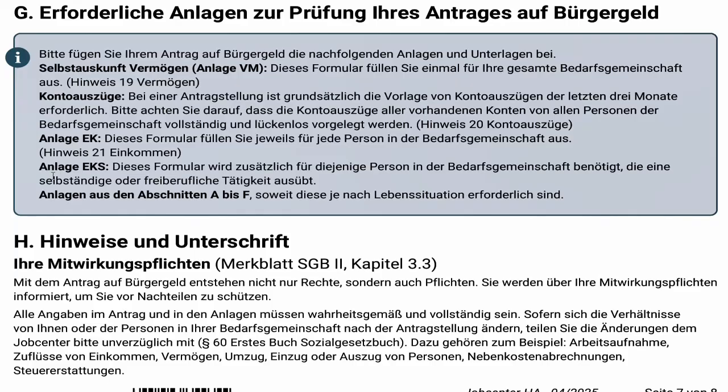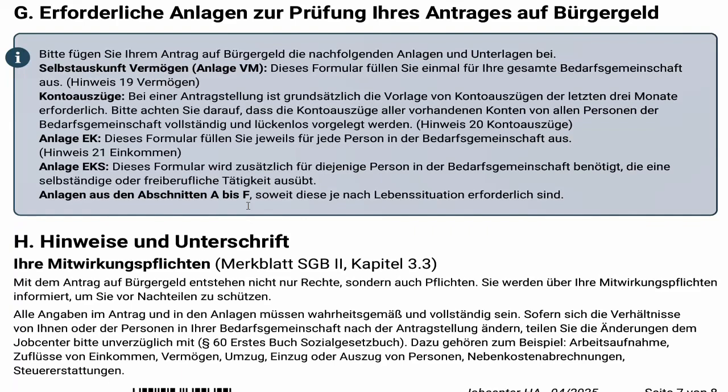If you're doing self-employed work or you're a freelancer, you should fill in the attachment AKS, and the attachments mentioned in part A to F of this application form, of course, if they are needed based on your living situation.